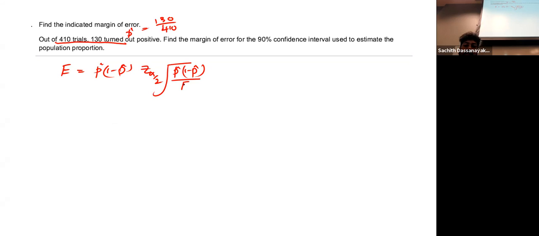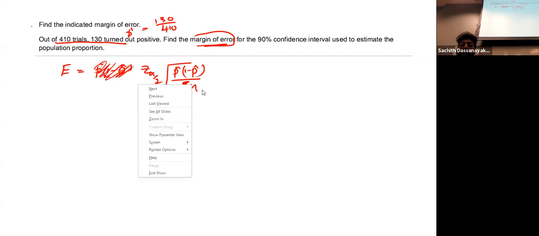So where is E? Well, that equals E, right? Ah, yeah. Oh, I see. Sorry, it is about margin of error. I thought I was confusing it with finding the sample size. So this is not right? It should be this one. Yes, thank you. So this is the equation.